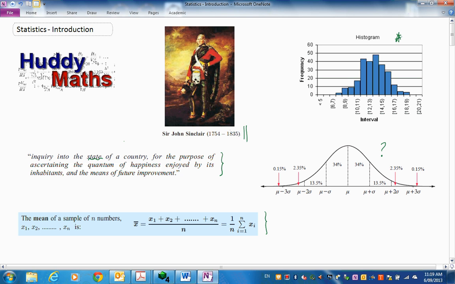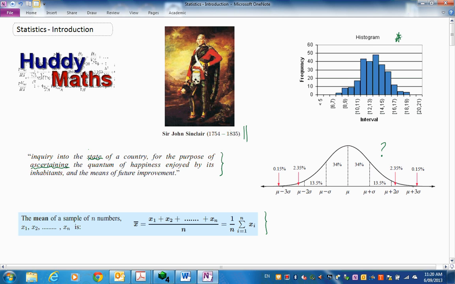Well, that's interesting. State statistics, that's still part of the word, and we're trying to measure something, a quantum of happiness enjoyed by its inhabitants. Well, I guess statistics is about doing measurements and making some inferences and conclusions from that sometimes as well. So there's the origin of the word.